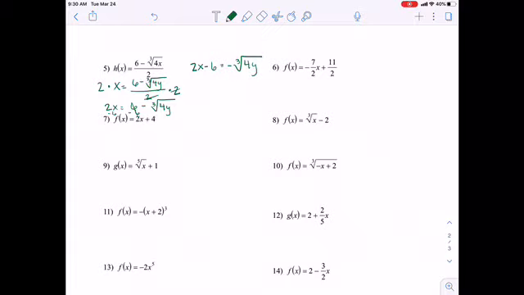Now I need to get the negative out of there before I can deal with that third root. So I'm going to go ahead and divide on both sides by negative 1. 2x divided by negative 1 gives me negative 2x. Negative 6 divided by negative 1 is positive 6. And that equals the third root of 4y.